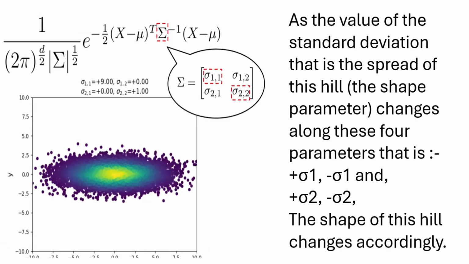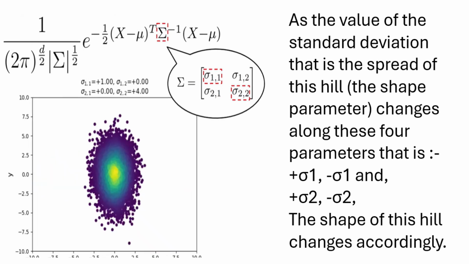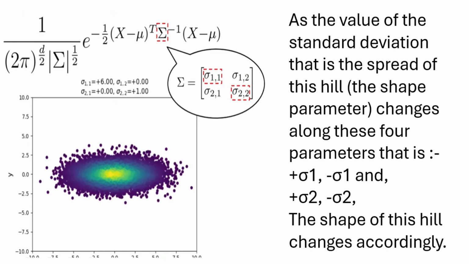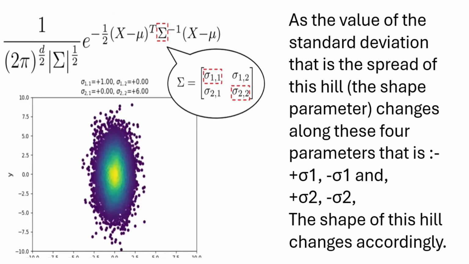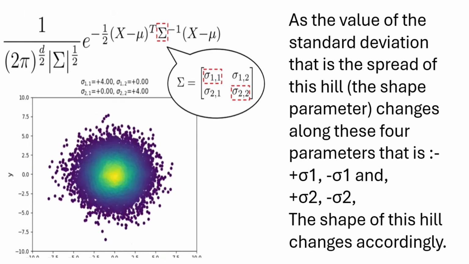As we had seen, the shape parameter sigma corresponds to the shape of the curve. Here we have 4 parameters to describe the shape of the curve. Since this is a multivariate normal distribution, we have sigma 1 1, which is the absolute variance of variable 1. We have sigma 1 2 and sigma 2 1, which are the covariances, representing the change in shape from the perspective of one variable according to the change in shape from the perspective of the other.